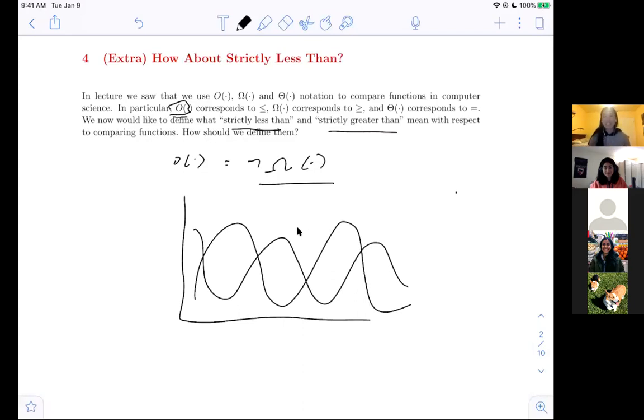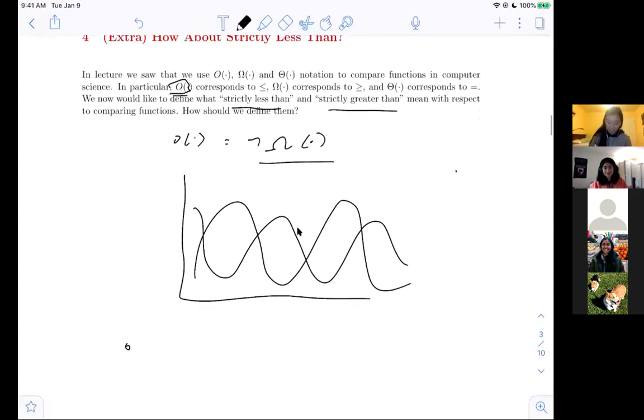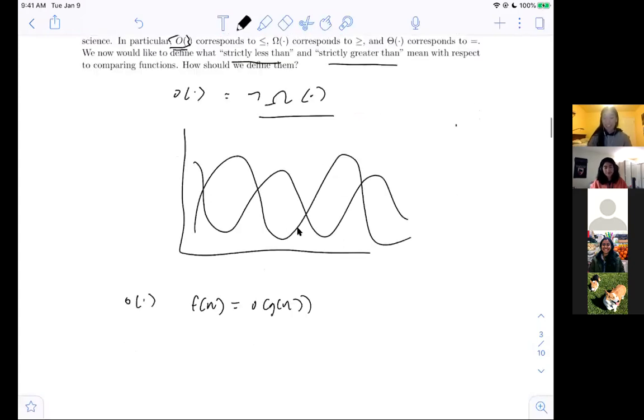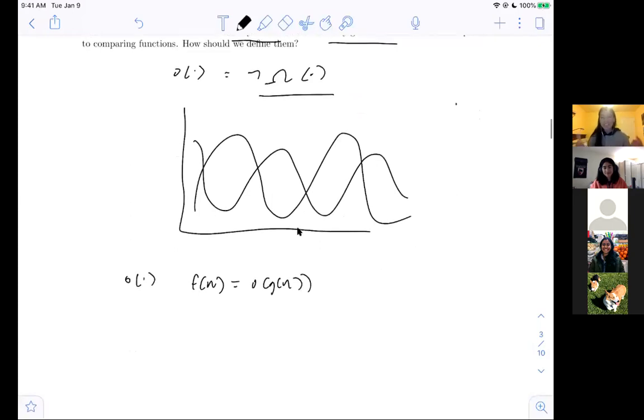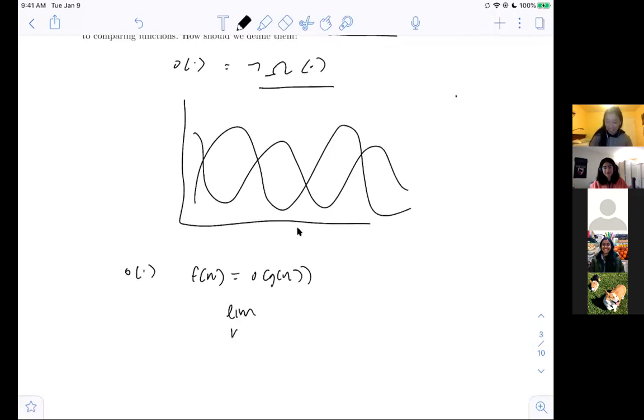What we want to say is, for little omega, if f of n is little omega of g of n, that g of n asymptotically grows larger than f of n. In order to do that, we need limits. With this definition, we use the limit as n goes to infinity.